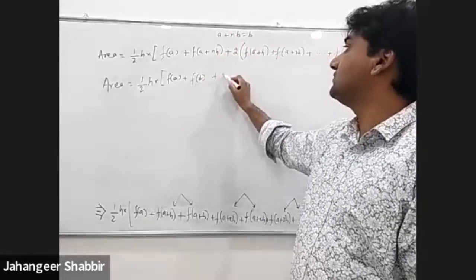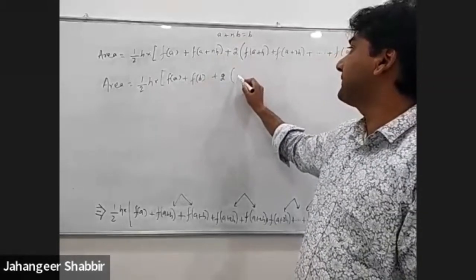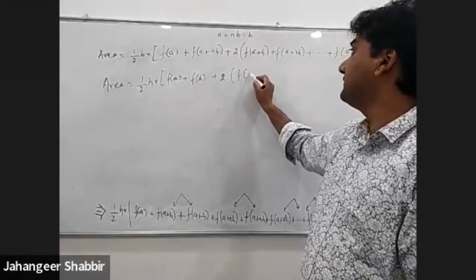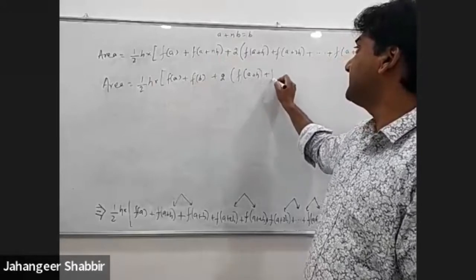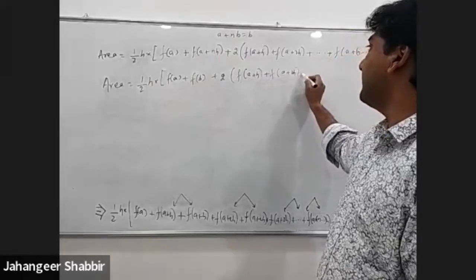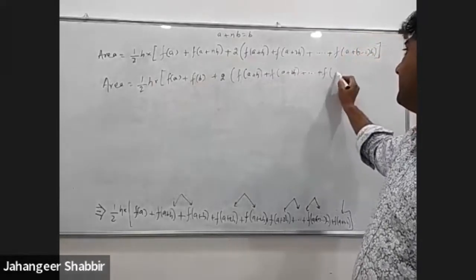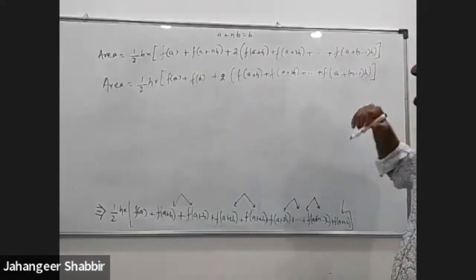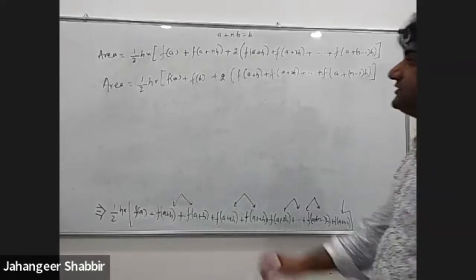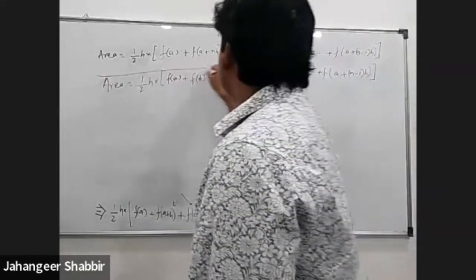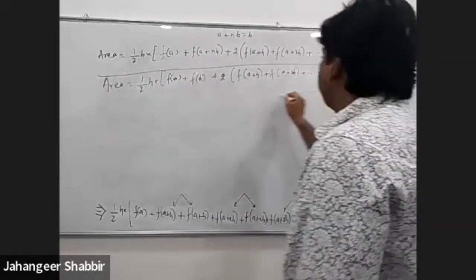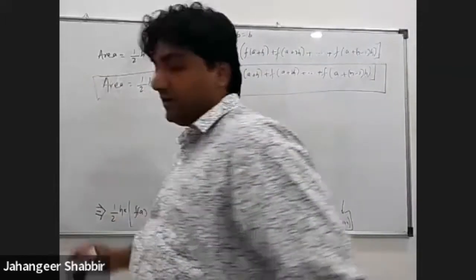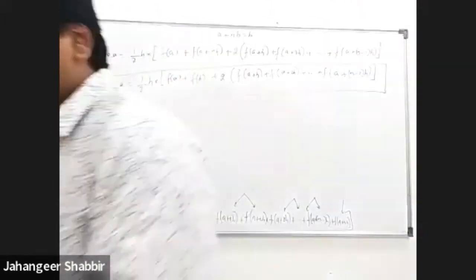And plus 2 times f of a plus h, f of a plus 2h, and f of a plus n minus 1 h. We can write that. Okay, so this is one way to present the trapezium rule.